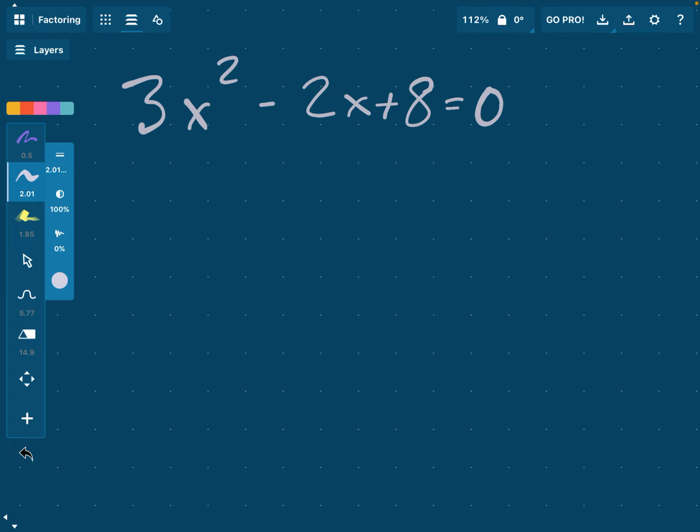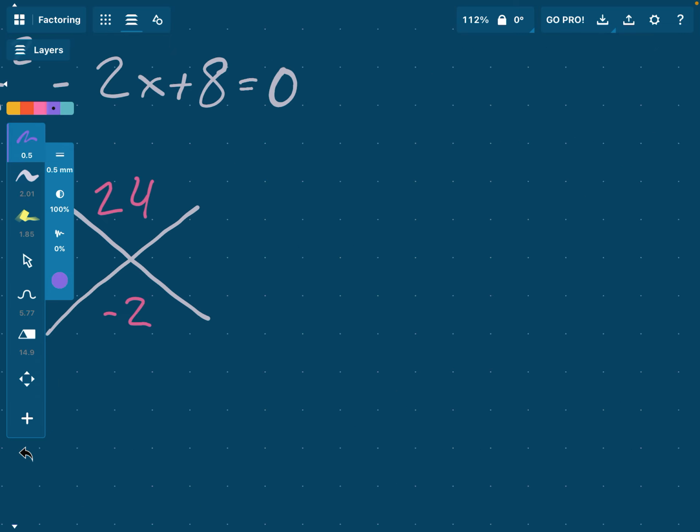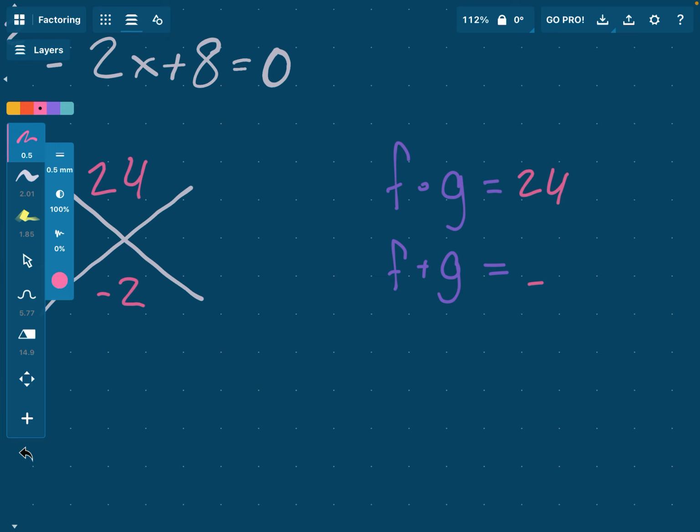So now what we can do, again, is the factoring method with a times c on the top, and we get 24, and we have negative 2. So then we can go ahead and solve for f times g and f plus g, where this is going to be equal to 24, and this one's going to be equal to 2, or negative 2 rather.